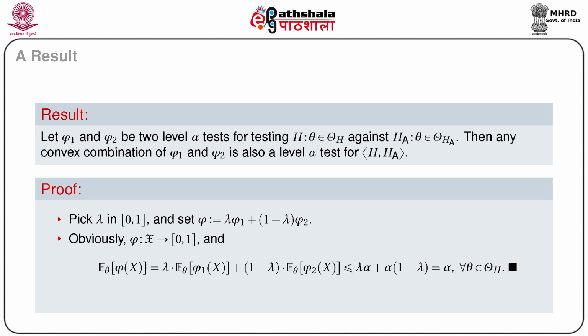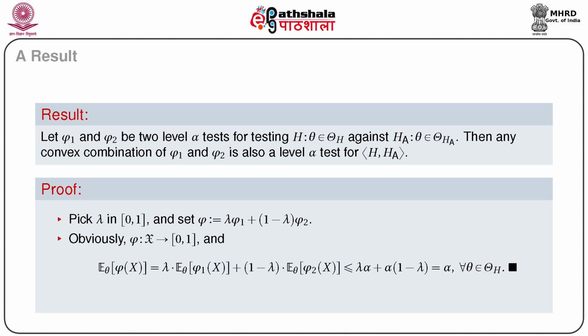To prove the result, we take a constant lambda in the interval 0 to 1, and we set a function phi(x) equals lambda times phi 1(x) plus 1 minus lambda times phi 2(x). Actually, it is a convex combination of phi 1(x) and phi 2(x). Here phi is a mapping from script X to 0, 1 because both phi 1 and phi 2 are mappings from script X to 0, 1.